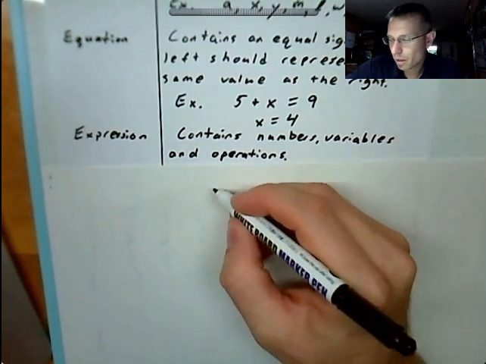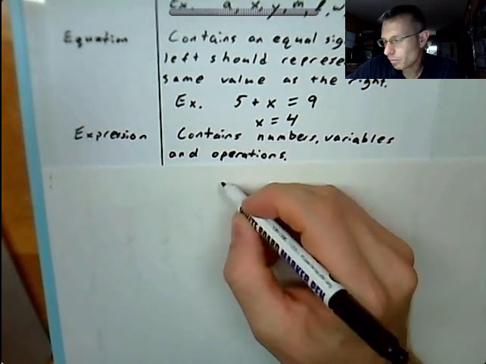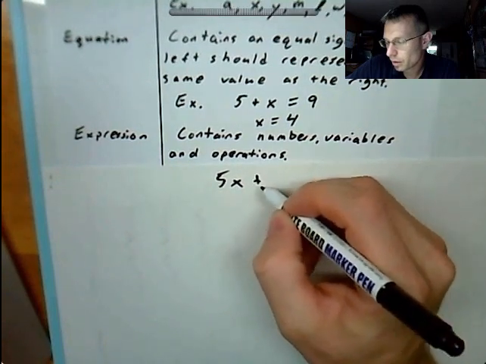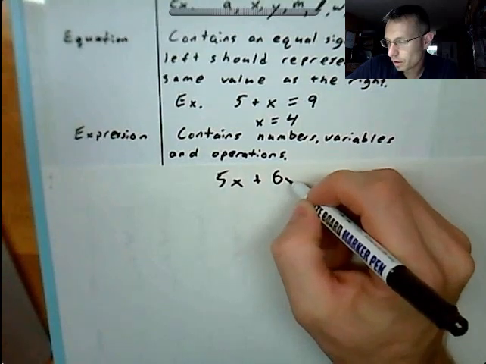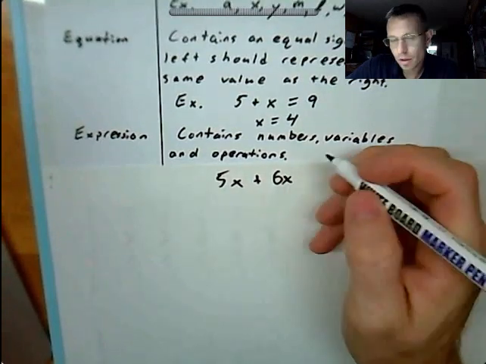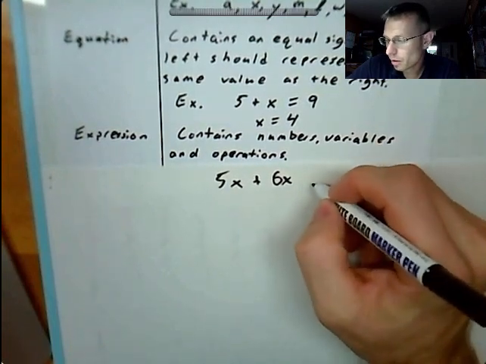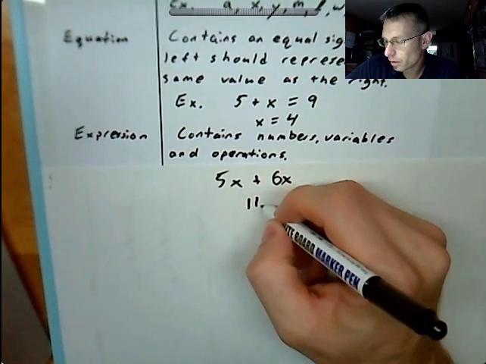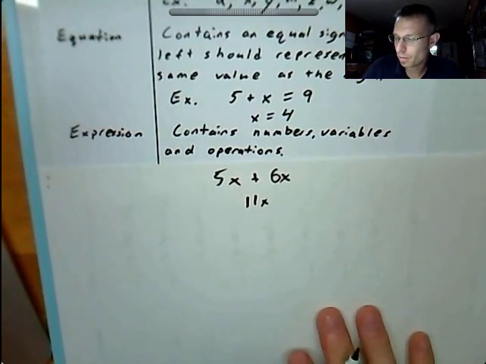So a real quick example of that would be maybe 5x plus 6x, and we're not quite there yet. But if we were to evaluate this, we would know that 5x plus 6x would eventually give us 11x. So maybe that would be an example of something like that.